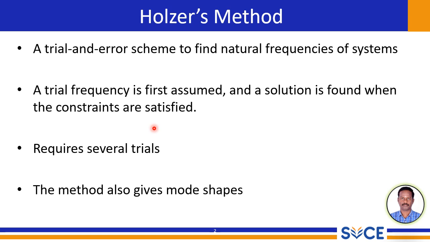It is important to note that this method typically requires several trials to converge to the exact natural frequencies. However, a significant advantage of the Holzer method is that it not only helps us to find frequencies but also provides the corresponding mode shapes.